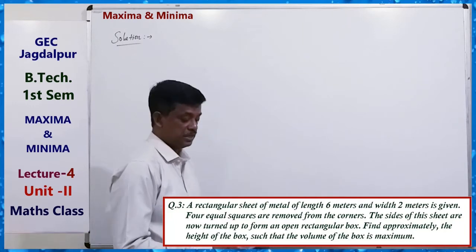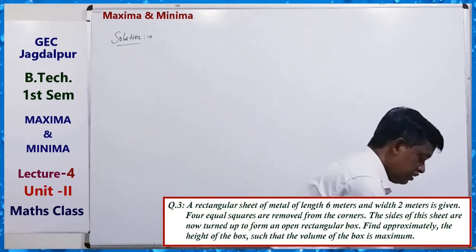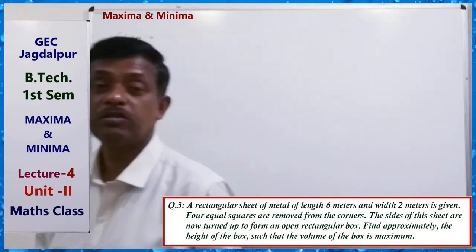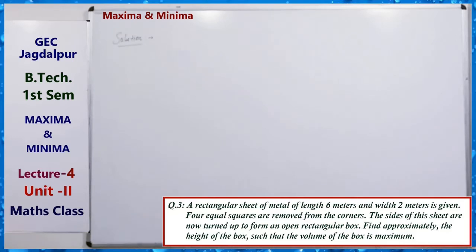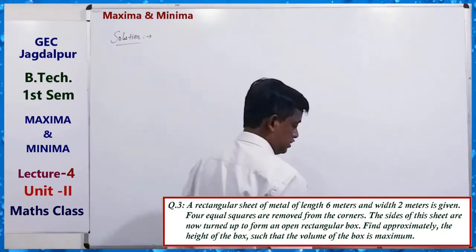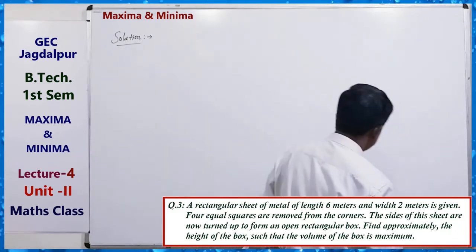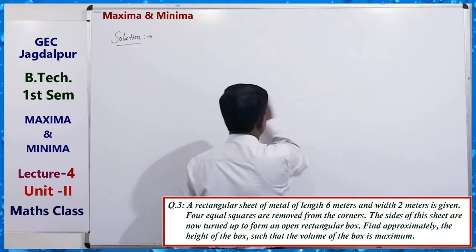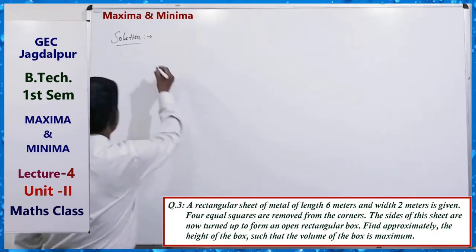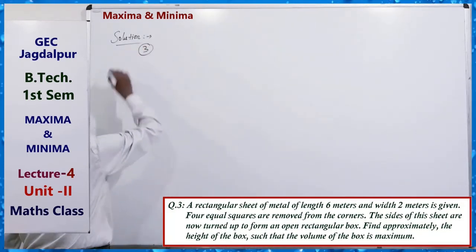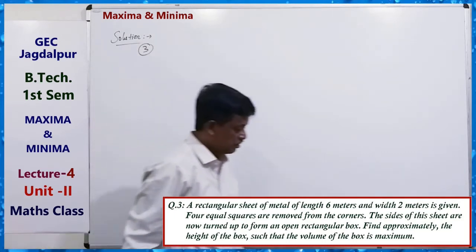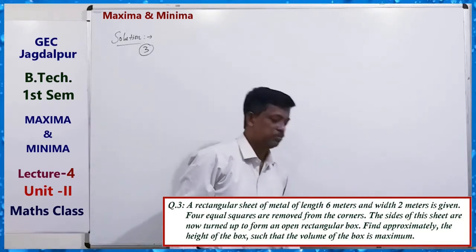Okay. So here what is given? It is given that a rectangular sheet of 6 meter length and width 2 meter. Just in this question also we have to write the volume of the box.